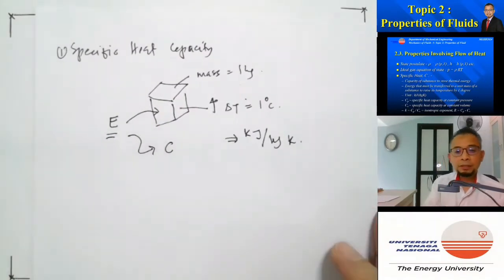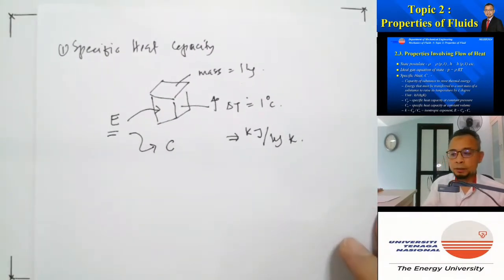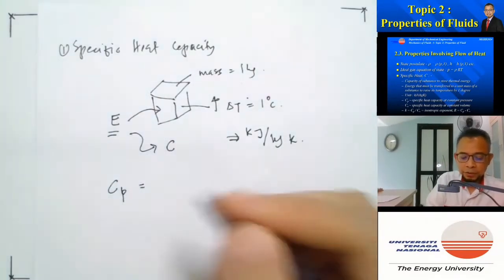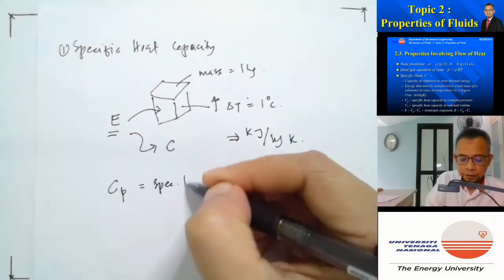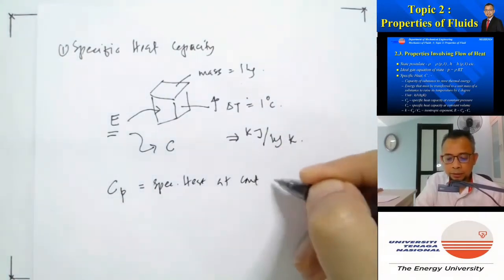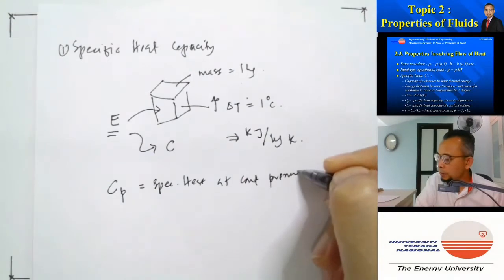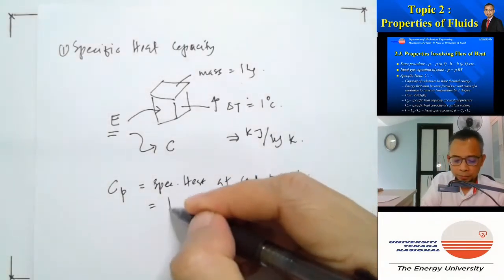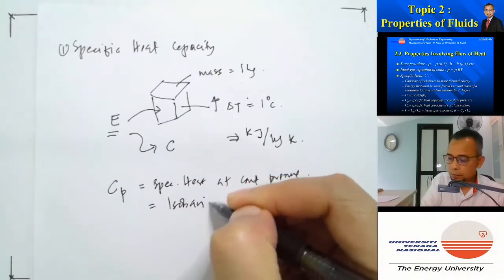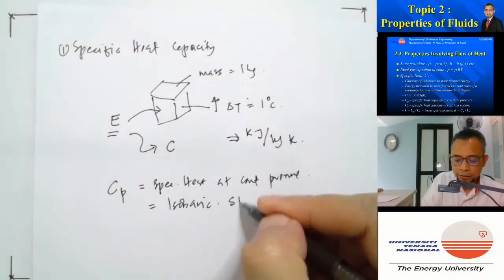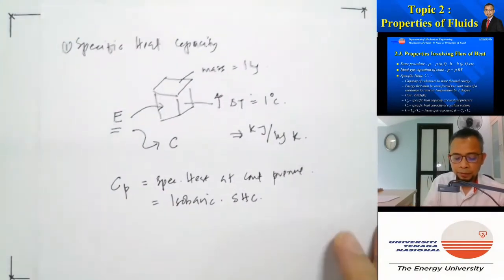If the process occurs at constant pressure, we have specific heat at constant pressure, Cp, and normally it's also called isobaric specific heat capacity.